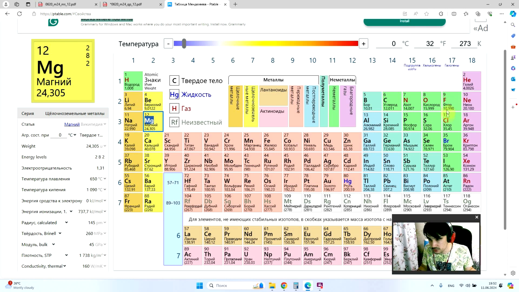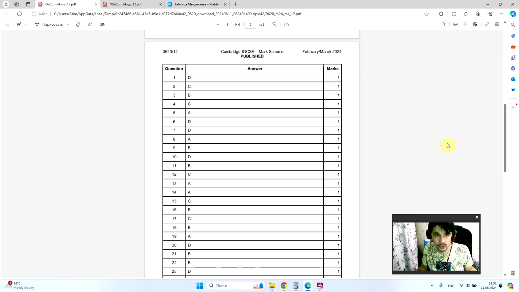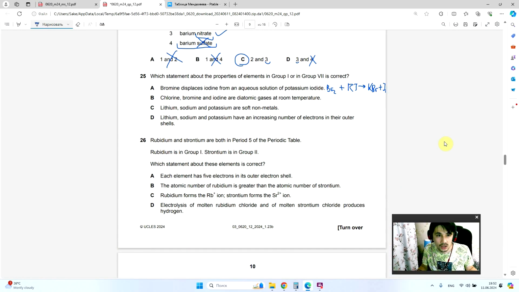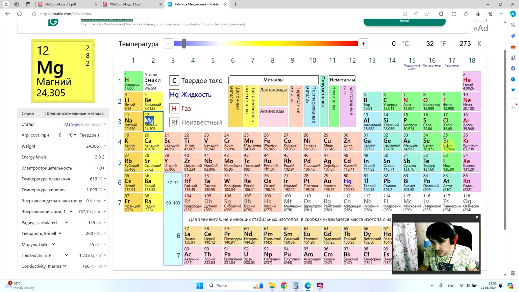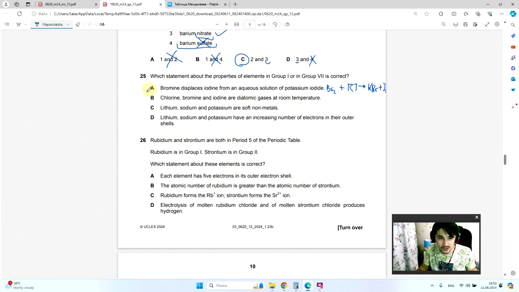Fluorine can replace chlorine from chlorides, chlorine can replace bromine from bromides, and so on. So we need to double check whether it's true or not. Bromine should be more active than iodine. Is it true? Yes, it is. So you can skip the rest of the options and pick this as the correct answer.